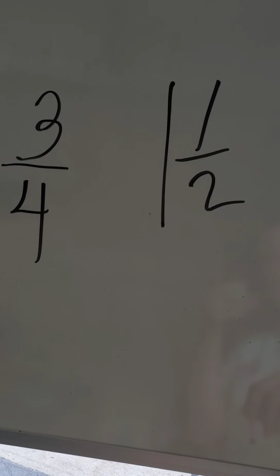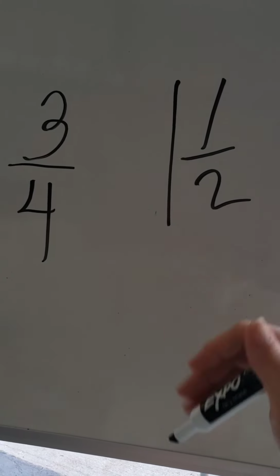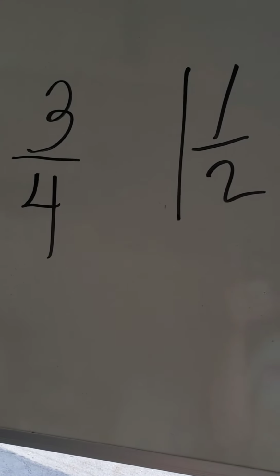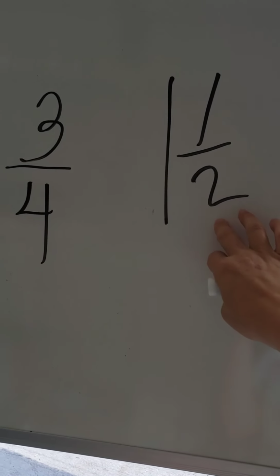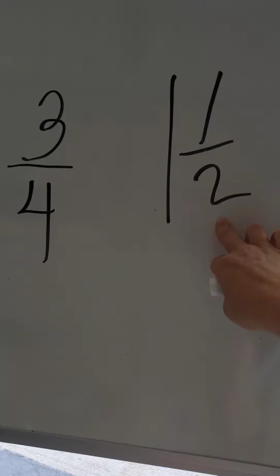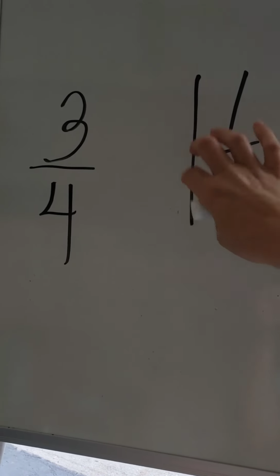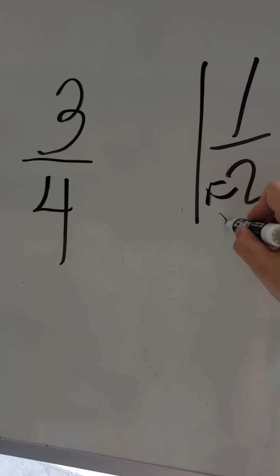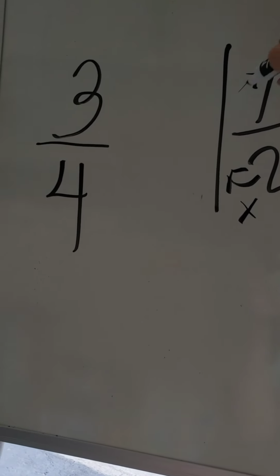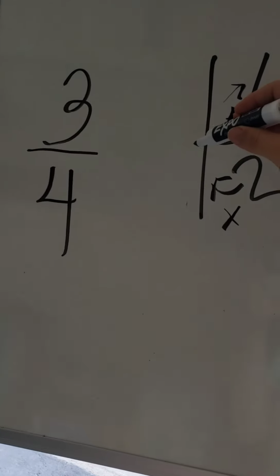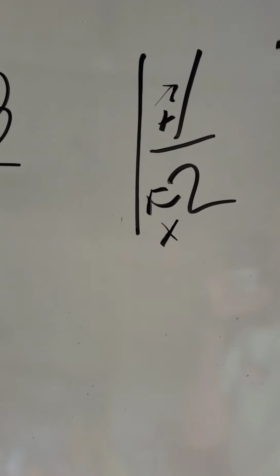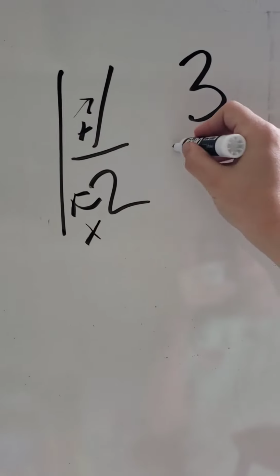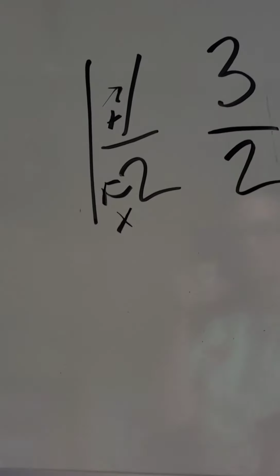So first, you can't just line them up and subtract. We need like denominators. And first we need to turn this into an improper fraction. So 2 times 1 plus 1. So 2 times 1 is 2, plus 1 is 3. And then you put that over 2. That's our first step.